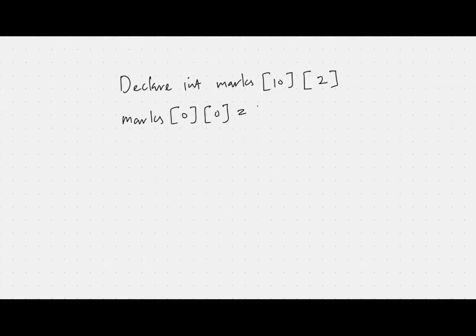Let's say 3 rows. At position 0, 0, let's put 15. Max at 0, 1, let's put 10. Max at 1, 0, let's put 19.